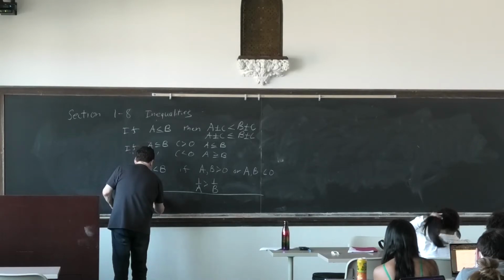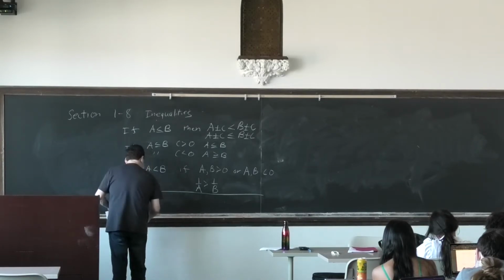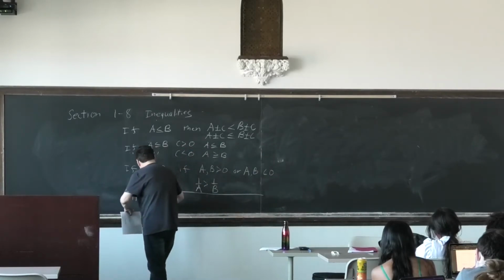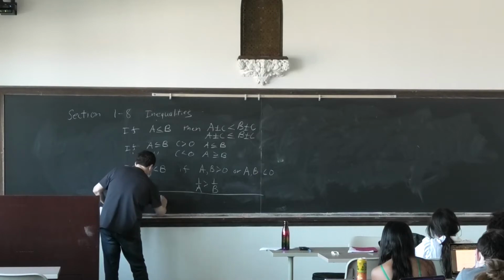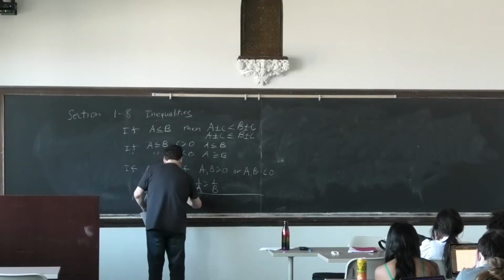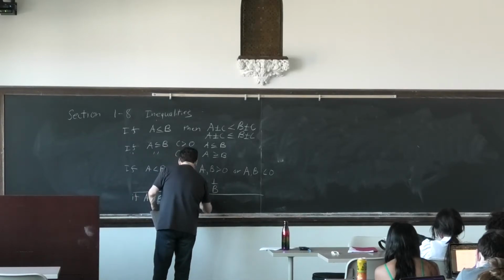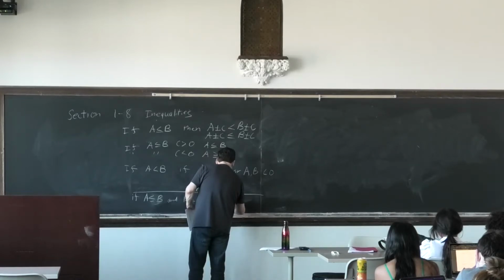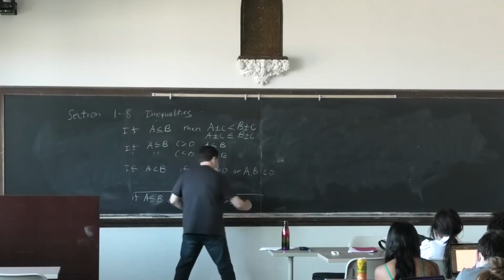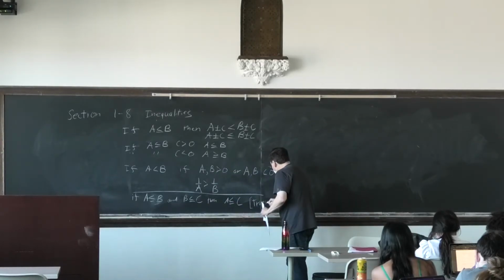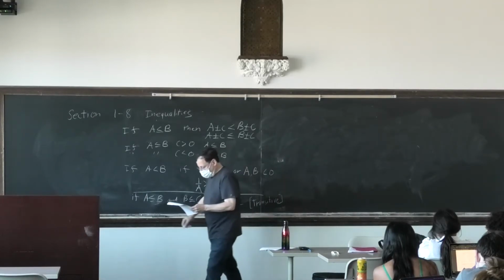A is less than or equal to B, and B is less than or equal to C. And of course we have A less than or equal to C. This is the transitive property, transitivity.